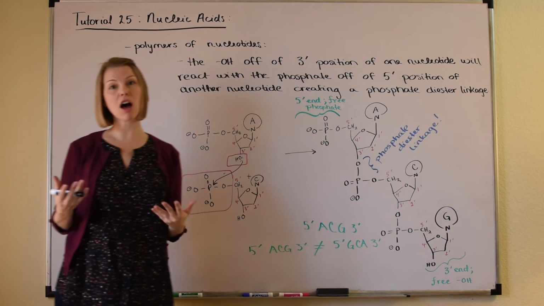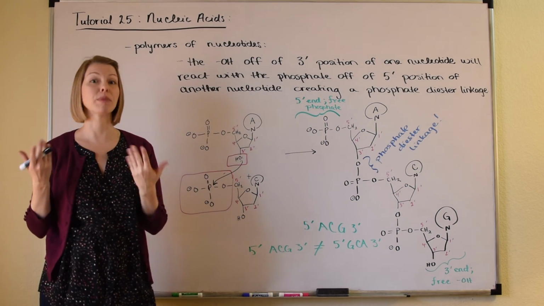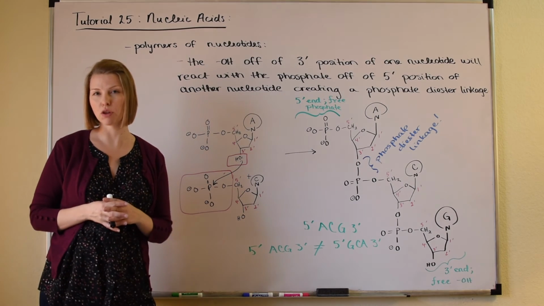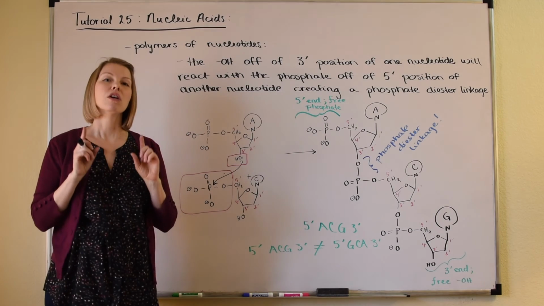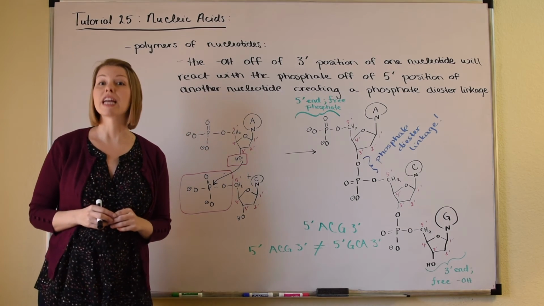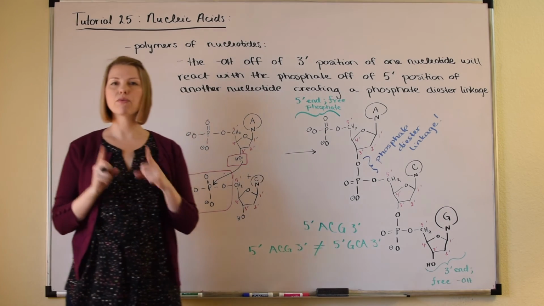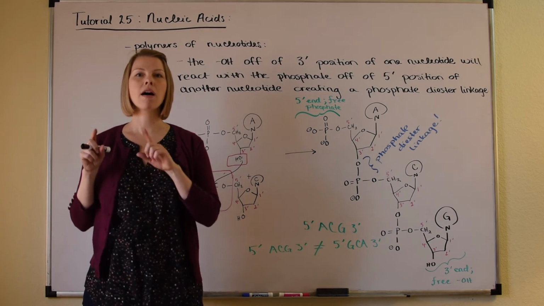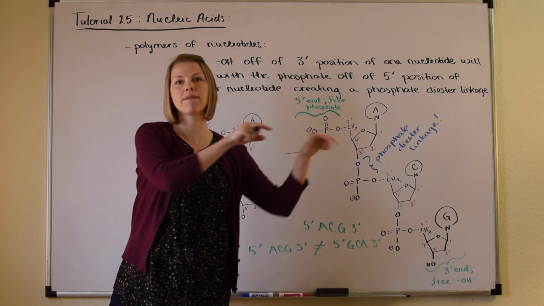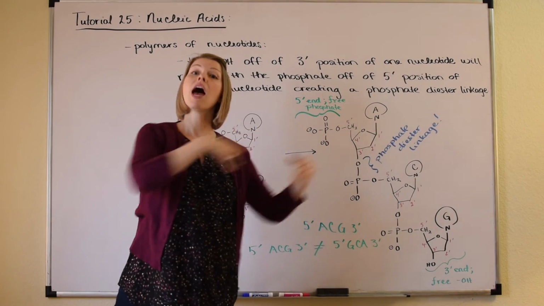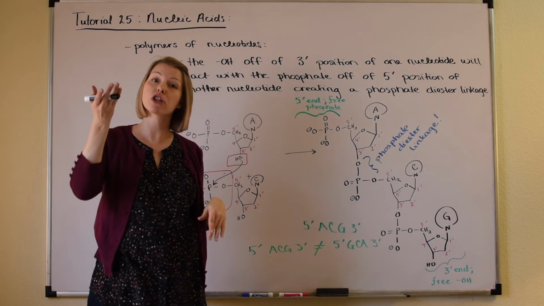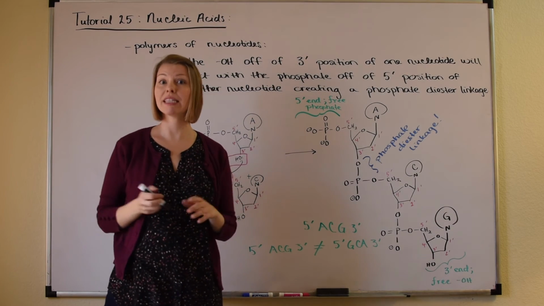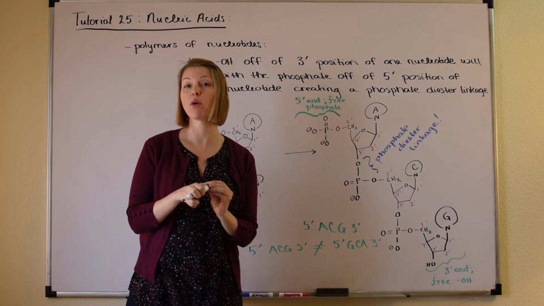And then what hangs off of those carbon units varies based on the side group of the individual amino acids. Same thing goes for nucleic acids. They have a very repetitious backbone. Their backbone is always phosphate, sugar, phosphate, sugar, phosphate, sugar, phosphate, sugar. And then what hangs off of those sugars can vary because we know we have different bases that can hang off of those sugar components.